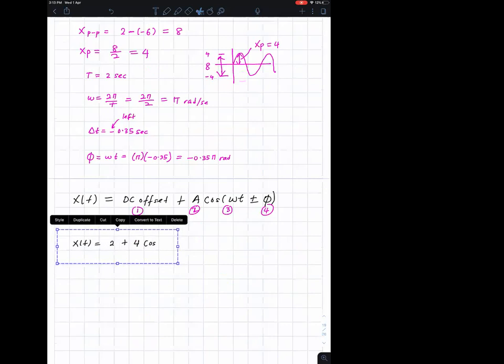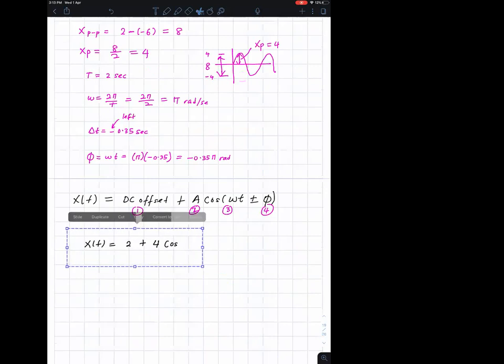Okay, now can you guys see clearly? Yes, sir. A is 4, DC offset is 2, and then you have cosine.